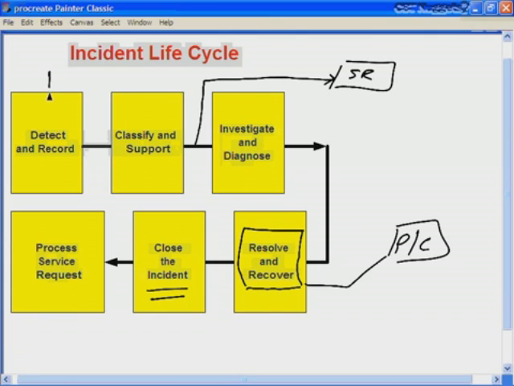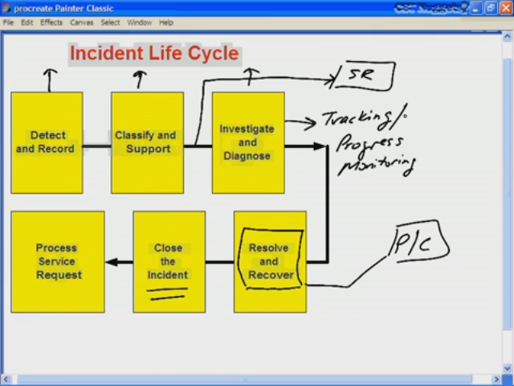Now realize all along the way, and I don't really have this written down here, there should be an offshoot from each one of these steps of the life cycle. And this offshoot should be an ongoing tracking process and progress monitoring. So along every step of the way, you're going to have either some real-time live monitoring and tracking of the process.